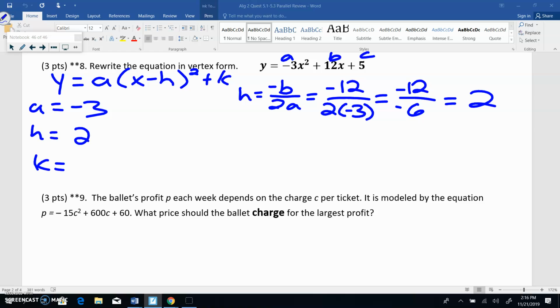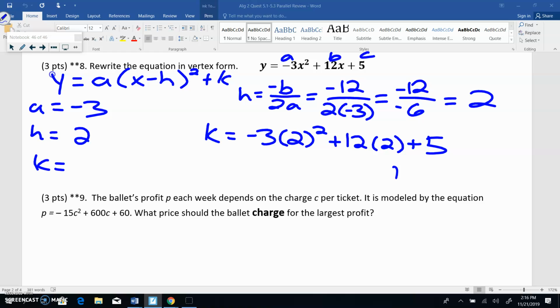In order to get my k, I just need to plug that 2 into the equation above. So k is going to equal -3 times 2 squared plus 12 times 2 plus 5, okay? And all you have to do is go ahead and plug that into a calculator. All right, it should give you k is going to be 17. So I now have all 3 pieces.